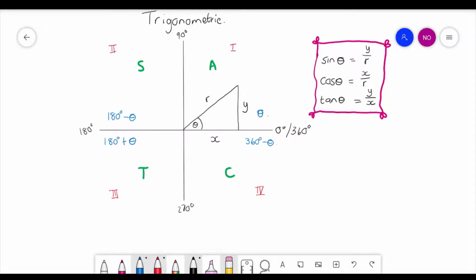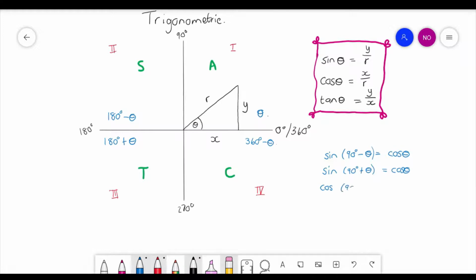And then last year we did another two. Who can remember what we did last year as well? The co-functions, right? So when you are working with sine of 90 degrees minus theta, it gives you cos. Sin van 90 grade plus theta, gee ook vir jou cos.